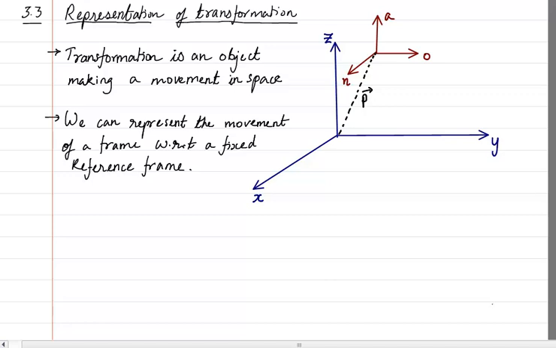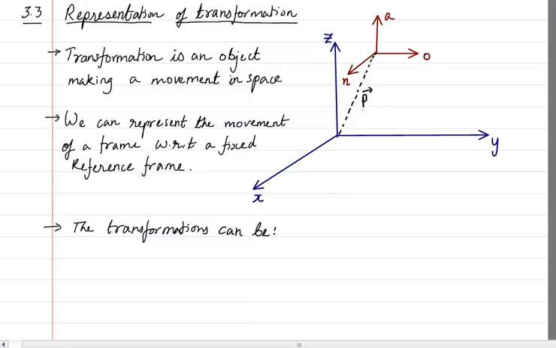Now, which are the transformations that we can show? The next point is the transformations can be, one is this translatory motion.